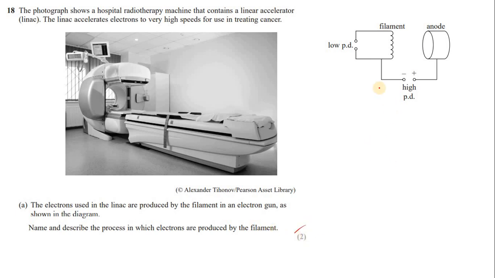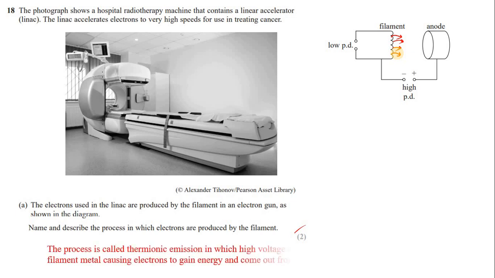So electrons are emitted by heating the element due to high potential difference. The filament gets heated, and then the electrons inside gain energy and come out, and this whole process is called thermionic emission. Emission of electrons due to heat is called thermionic emission.